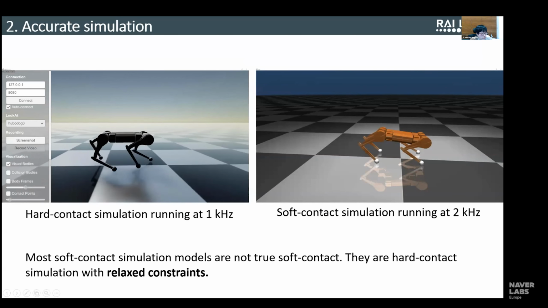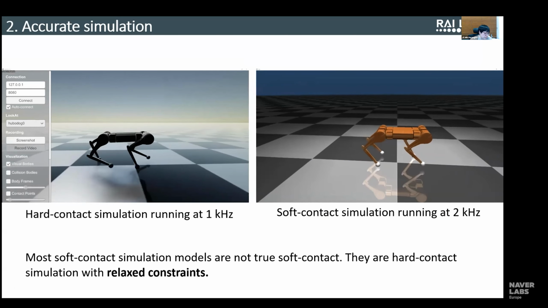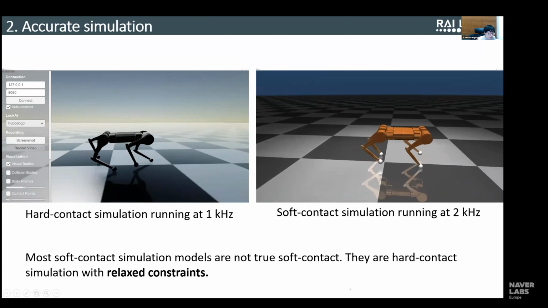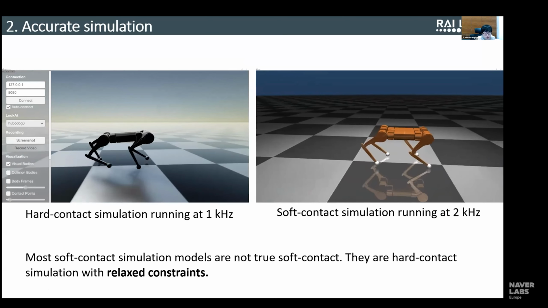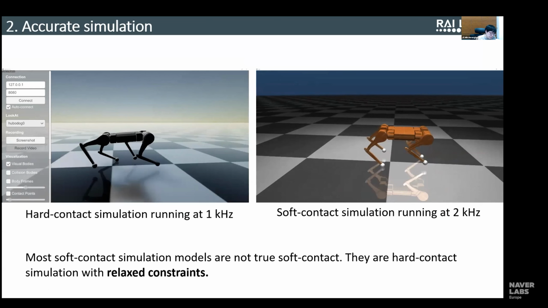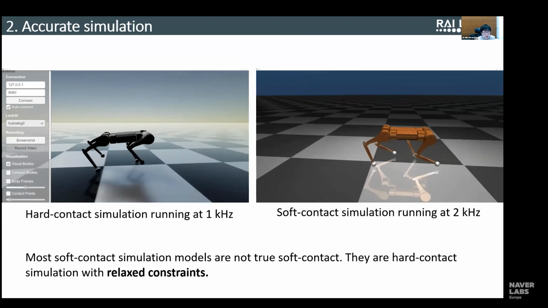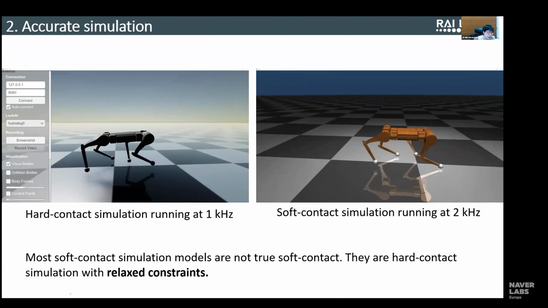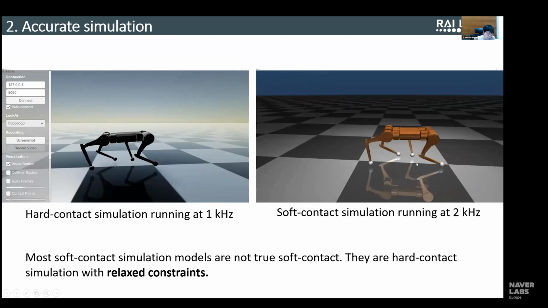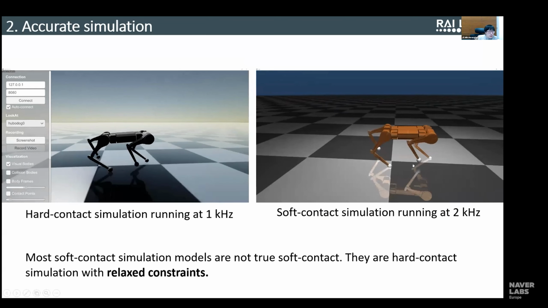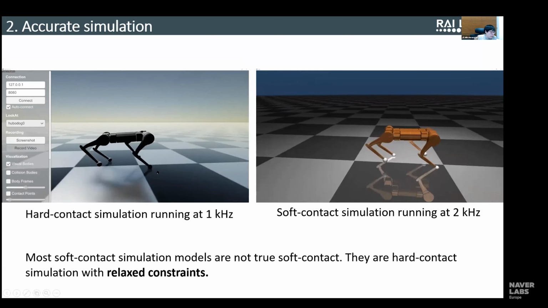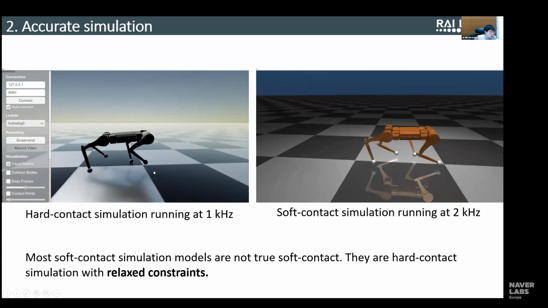You probably know there is another popular physics engine, MuJoCo. MuJoCo is a soft contact simulation, which means it actually allows penetration at the contact points. If you see on the left, the feet stay perfectly on the terrain.